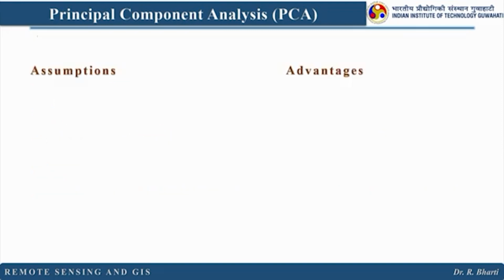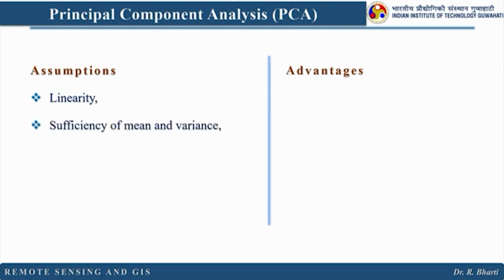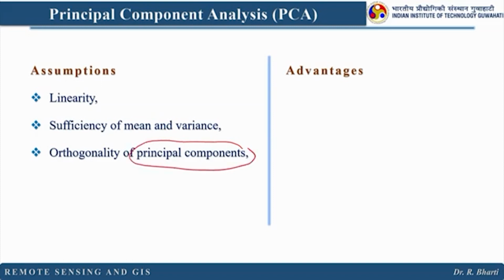So what are the different assumptions and advantages of PCA? Let us see. It assumes the data sets have linearity or correlation, sufficiency of mean and variance, orthogonality of principal components, which you will understand later.